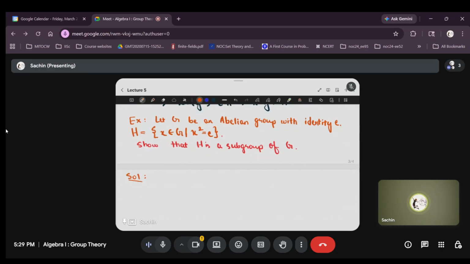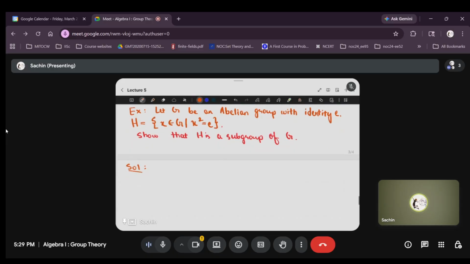So we will use the one-step subgroup test. First we have to show that H is non-empty. So we have E square is equal to E. So E belongs to H. Thus H is non-empty.